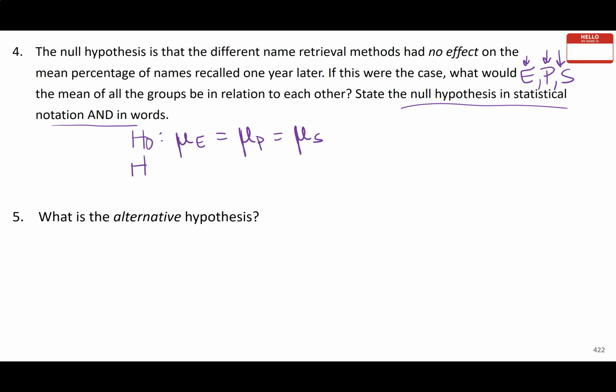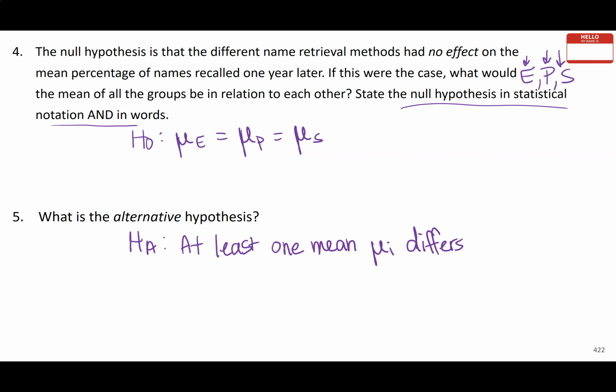My alternative, I'm going to write down here, at least one mean differs. So at least one of them is different from the others.